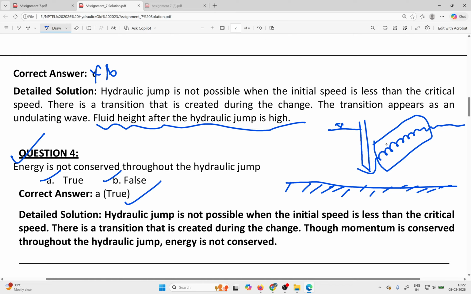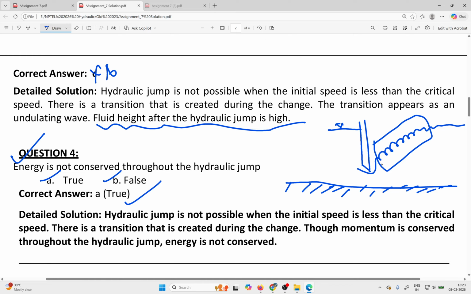In the form of the jump, energy is lost. The question is about energy not being conserved throughout the hydraulic jump. Yes, not conserved. Why? Because the jump occurs here, and during the jump the energy is lost. I have one numerical also, and the formula for how much energy is lost. I'll show you, we'll solve. Okay, so this is the concept.